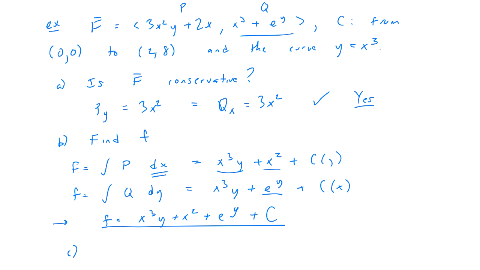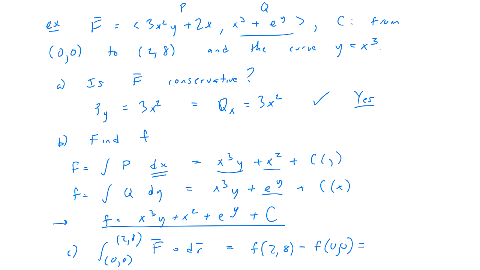So now what I want is, what is the integral from (0, 0) to (2, 8) of F dot dr. The idea is this is pretty easy, although I'm not sure the numbers are going to be nice. It's just equal to the function at (2, 8) minus the function at (0, 0).